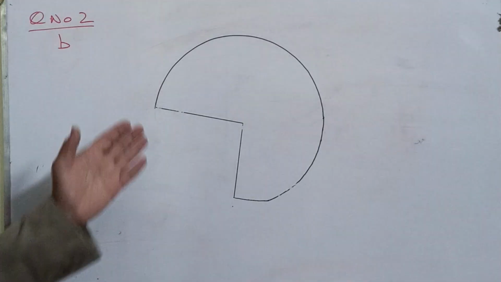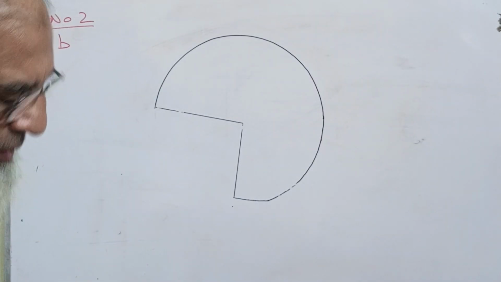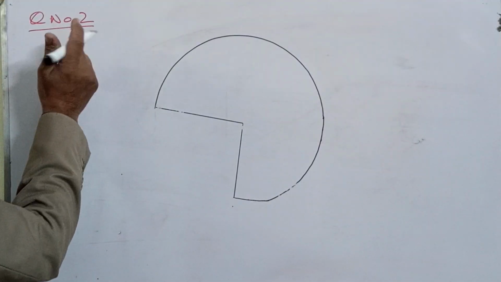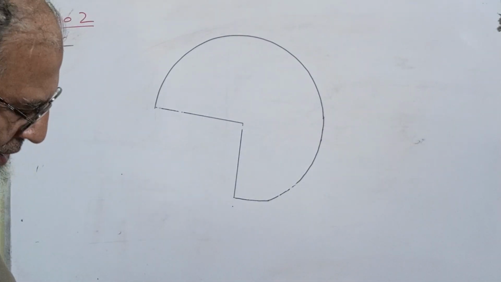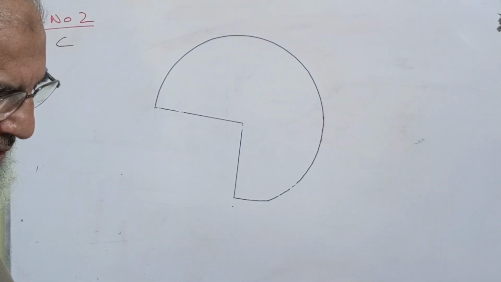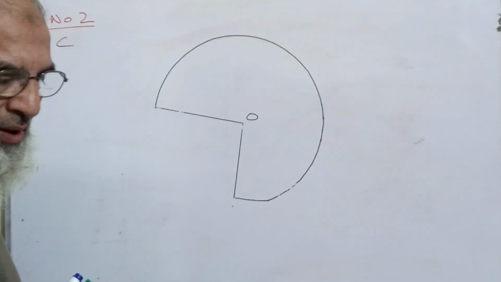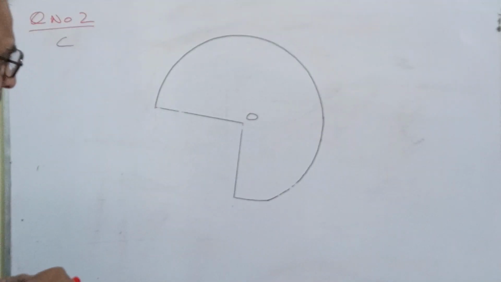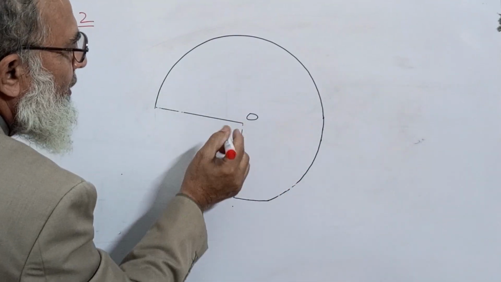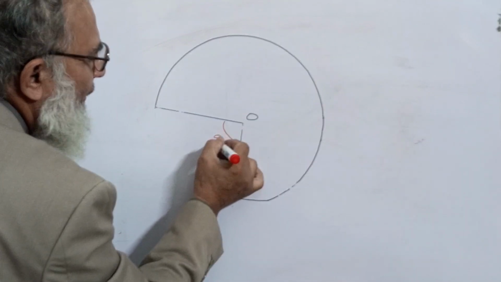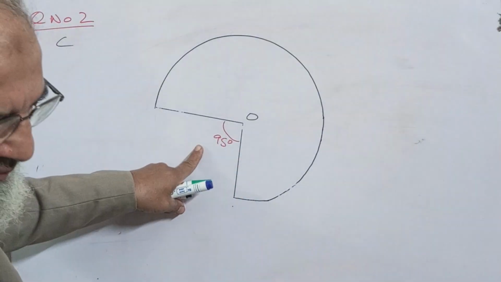Now my dear students, this is the figure given to you, and the question is the same, part C. Now let me write the dimensions with the other color. Center is still O. The outer angle here is 95 degrees.